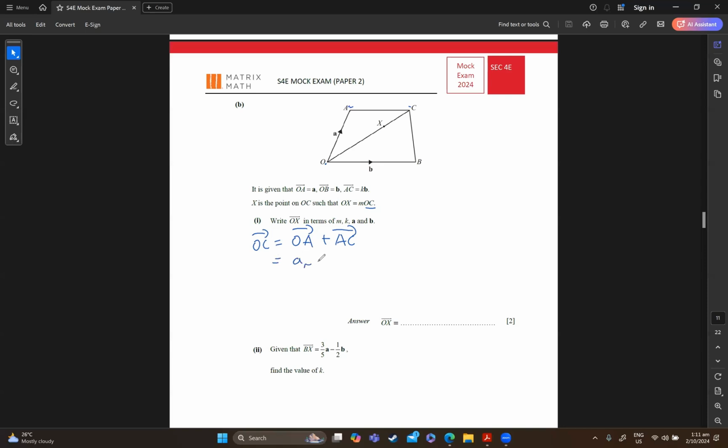This is A. K. Okay, so now that you found what OC is, right, OX equals M bracket A plus K. So you can even expand this if you want to. MA plus MK.